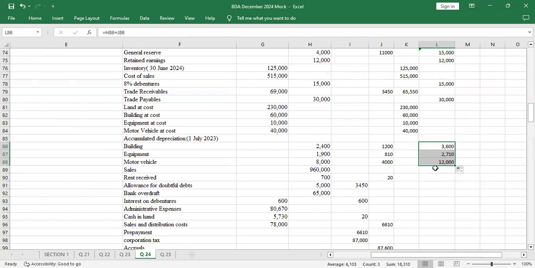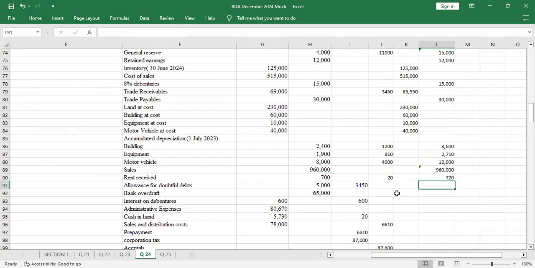Then sales, there were no adjustments. I'll just put it on the credit side. Then we have rent received. Rent received is also an income, so it will be on the credit side. I'll take 700, and there was an adjustment, which is also on the credit side, of 20. So it will increase that.